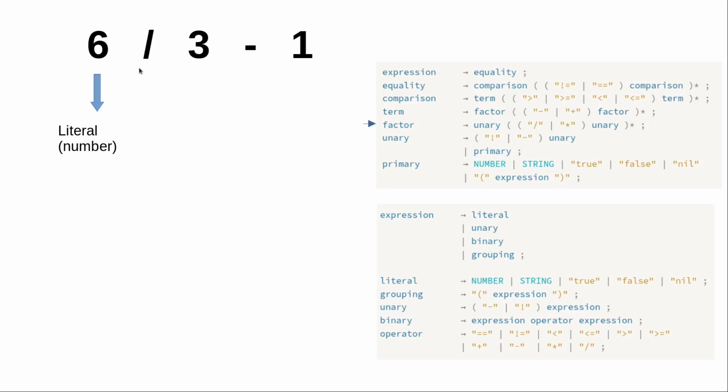Next up, we have this division sign. Division falls under factor here. And we know that this type of operator is a binary type, because we have an expression, an operator, and another expression.